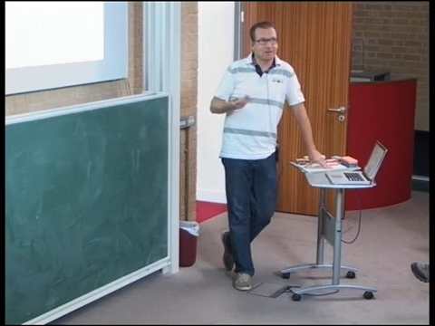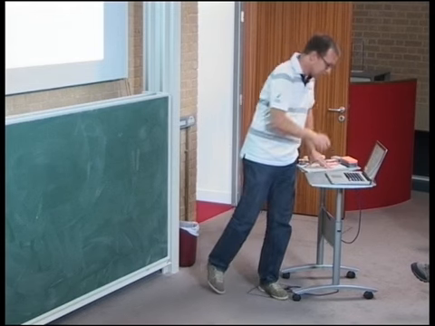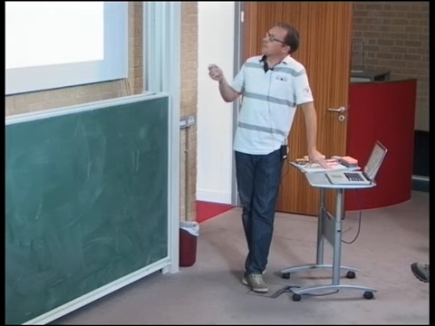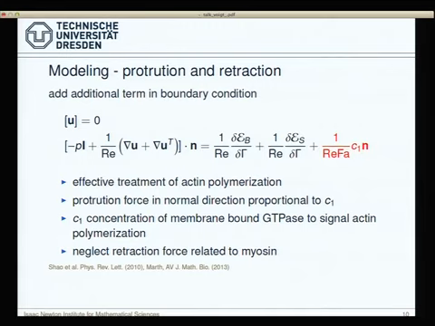It so far doesn't have any active component, right? So how to incorporate the active component? Well, I do this in some effective way by adding a term, an additional force in this boundary condition. And this additional force acts in the normal direction and is proportional to some concentration C1 with some parameter in front. And this C1 is just the concentration of membrane-bound GTPases, which signals the formation or the polymerization of these actin fibers.